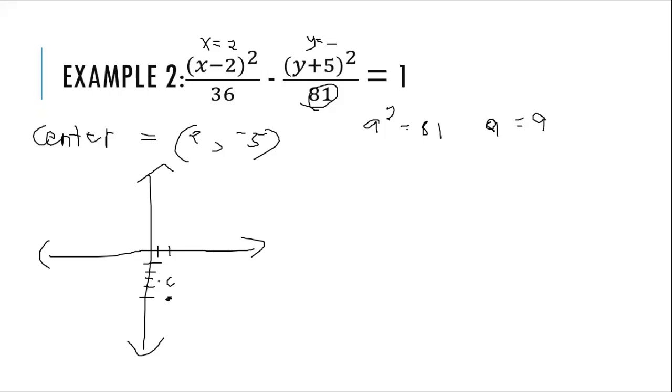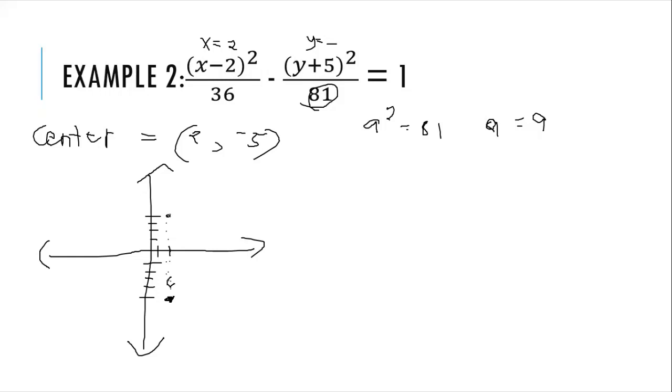So 9 steps po from here. So akyat po tayo and baba kasi po ay naka-vertical or nasa Y. 1, 2, 3, 4, 5, 6, 7, 8, 9. Again, 1, 2, 3, 4, 5, 6, 7, 8, 9.